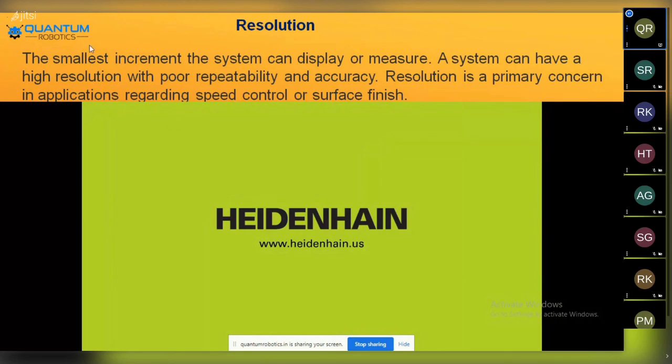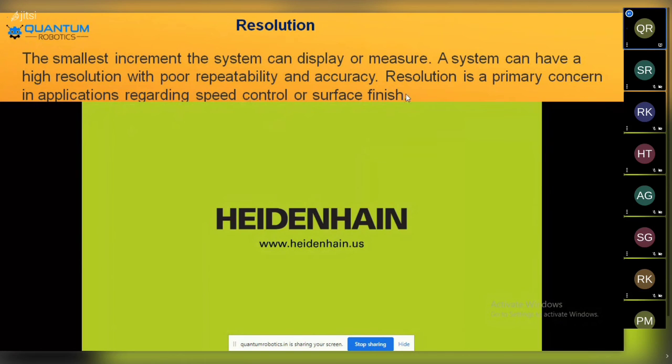The smallest resolution is the smallest increment that the system can display or measure. A system can have a higher resolution with poor repeatability and accuracy. Resolution is a primary concern in applications regarding speed control and surface finishing.